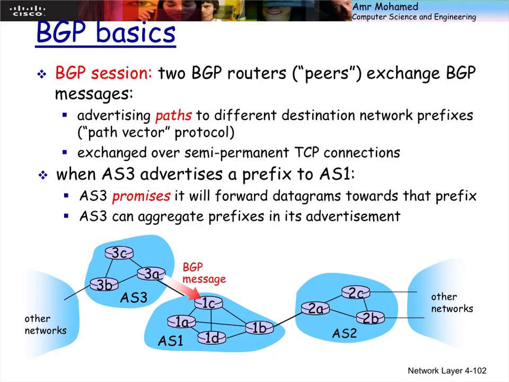One important thing we should know here is that the border gateway protocol establishes a session between these border gateway routers across the highway, and this session actually uses a TCP connection. So it's a semi-permanent session that gets assigned.